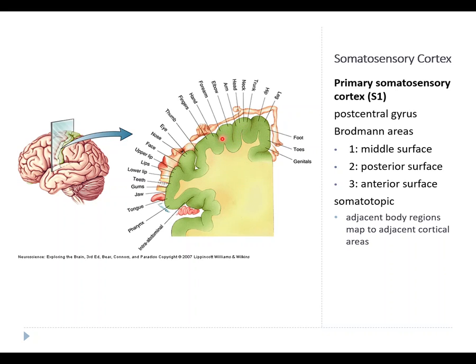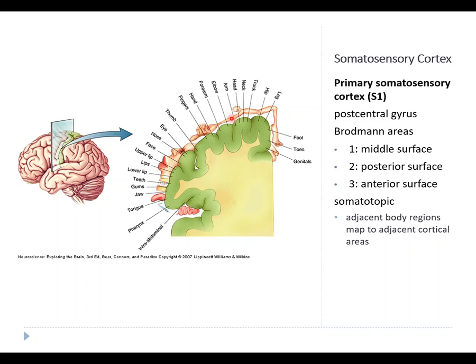So the region of the cortex that represents the face, for example, is this entire region. So this whole area of somatosensory cortex represents the face, whereas let's say this region up here, the trunk and the hips and the back, is represented by a much tinier proportion of somatosensory cortex.